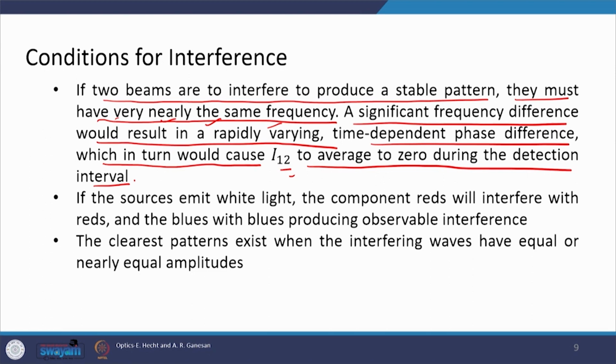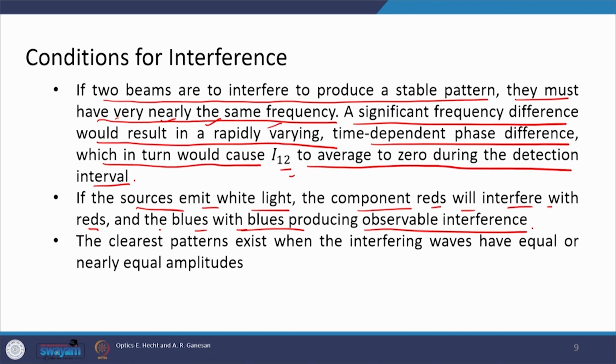And therefore, a uniform illumination would be visible if the frequency difference between the two sources is large. Okay. Second takeaway: if the sources emit white light, the component reds will interfere with reds and the blues with blues, producing observable interference.